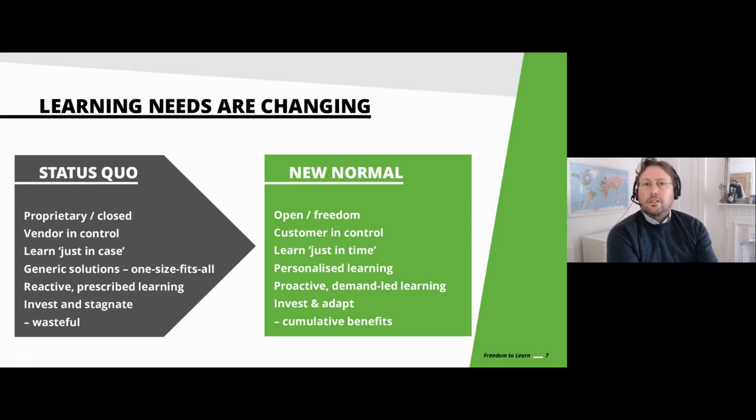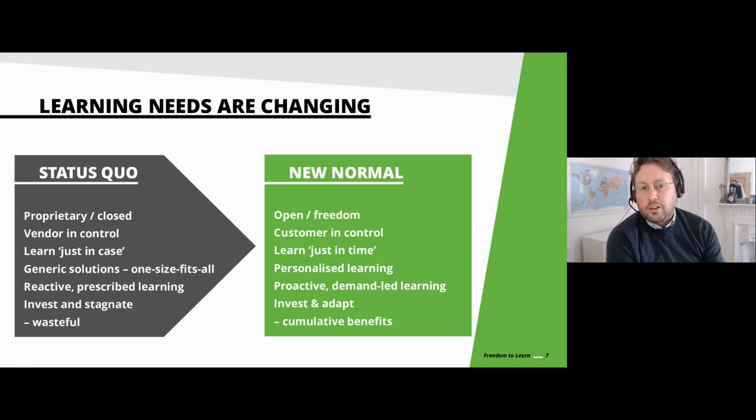So when you make those investments, too often, particularly with platforms in the past, or traditional older LMS platforms, you get a procurement type cycle where you make an investment, and then it stagnates. You don't get the best value out of that solution, and really that's not fit for purpose in the world that we now operate in.